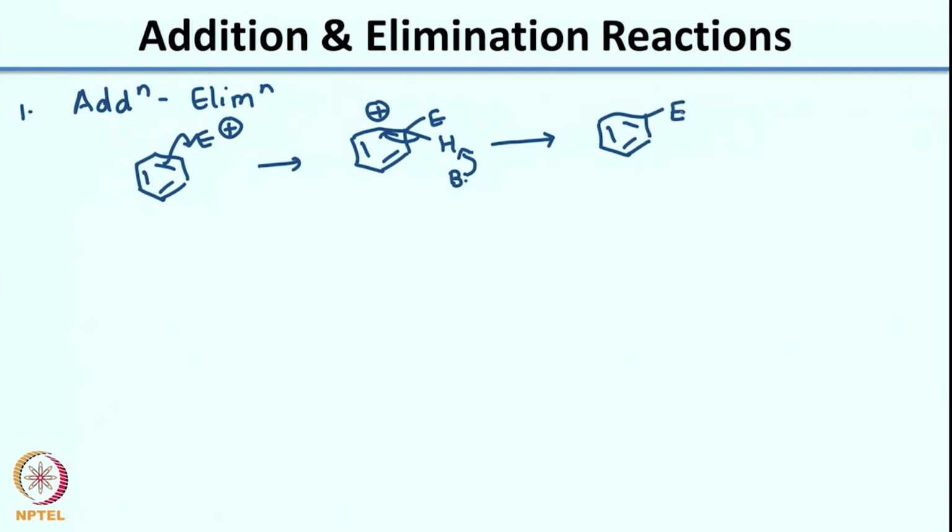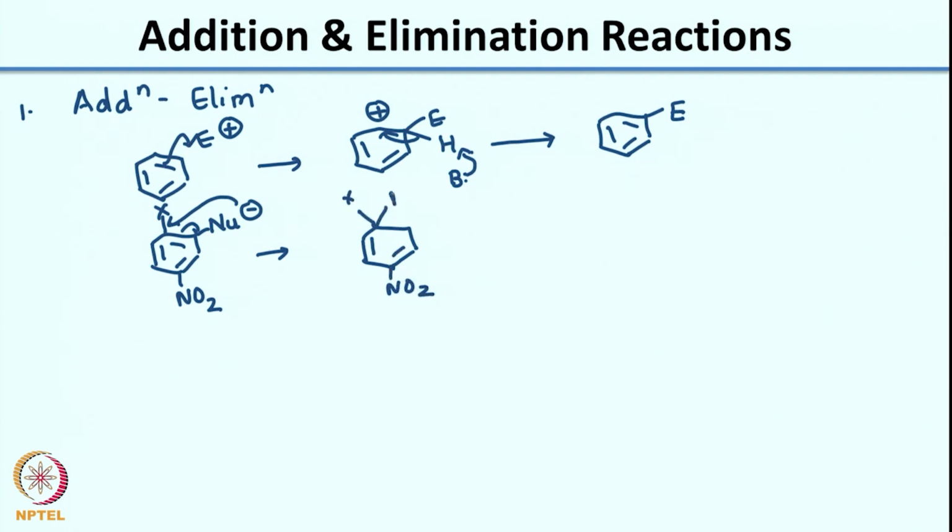Similar to an electrophile, there is also the addition elimination reaction involving nucleophiles. So typically in this case you have the nucleophile come in, to give you a charged intermediate.